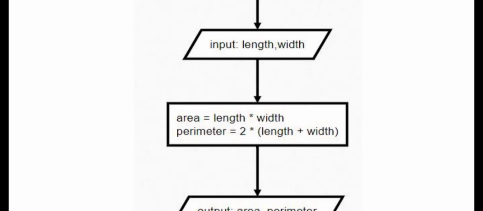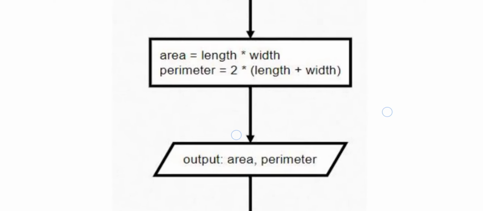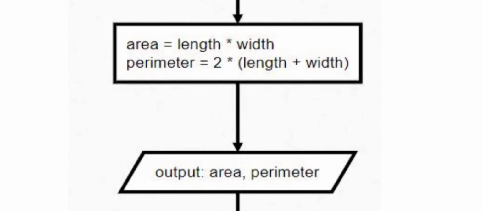After giving input, the next thing you are going to do is to calculate the area of the rectangle and the perimeter of the rectangle. Now coming to the formula, to calculate area, it is length into breadth. This you have already studied in your middle school, right? Area is equal to length into breadth is the formula to find the area of a rectangle.